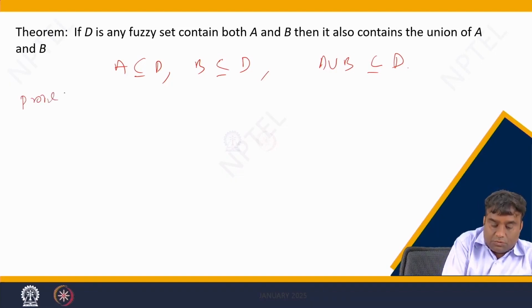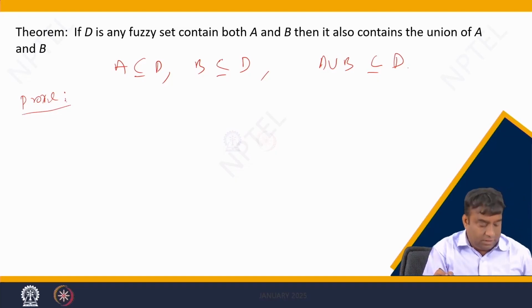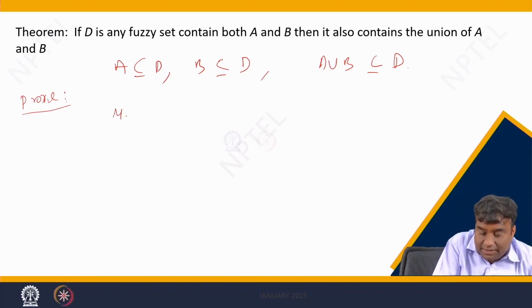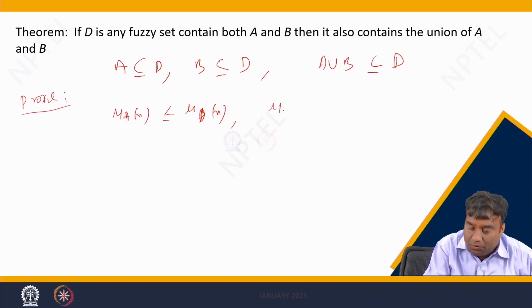So it is given that A is a subset of D. As A is a subset of D, you can write mu A(x) is less than or equal to mu D(x), and mu B(x) is also less than or equal to mu D(x).